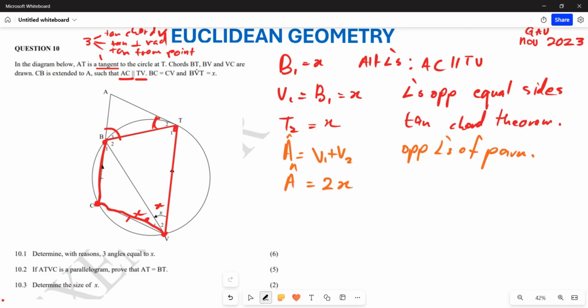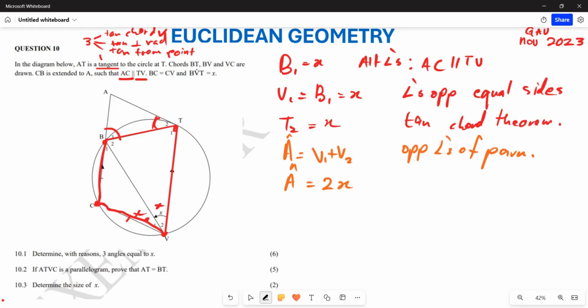Can you see that I form your cyclic quadrilateral? Remember, the condition for a cyclic quadrilateral is that all the four vertices must touch the circumference of your circle, right? So since these four vertices are touching the circumference of our circle, they make BTVC to be what? Your cyclic quadrilateral.